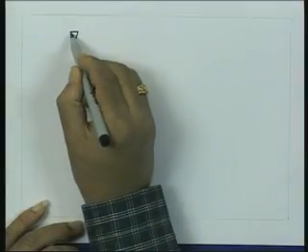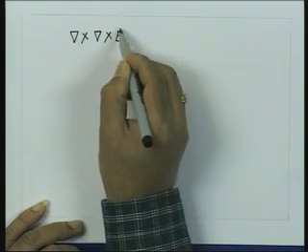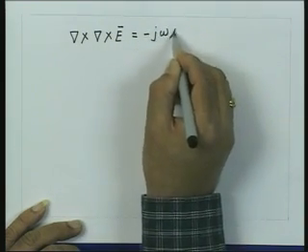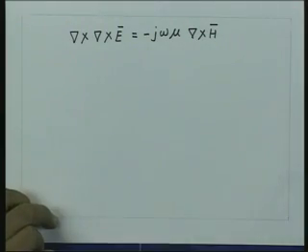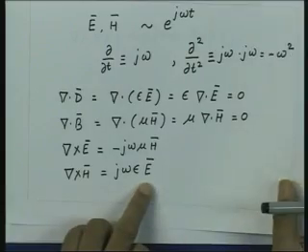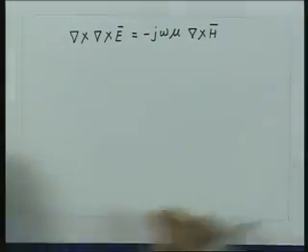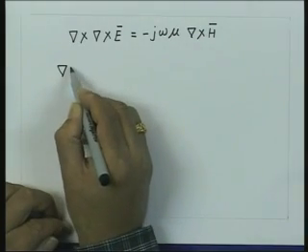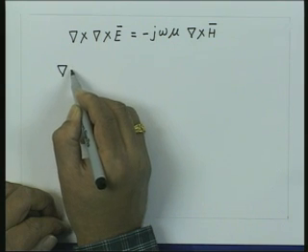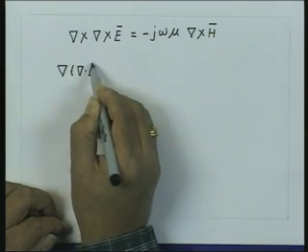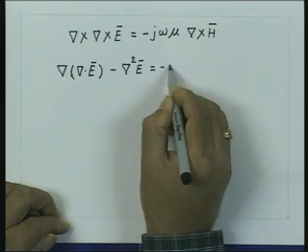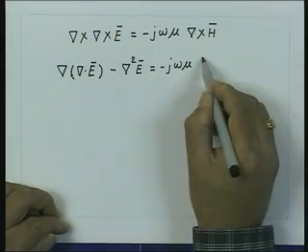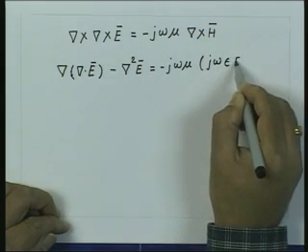Let us say I take the curl of the first equation, which is del cross E. I get del cross E equal to minus j omega mu times del cross H. We can substitute for del cross H from the second equation, and also use the vector identity to expand the triple cross product, which is del of del dot E minus del square E, that is equal to minus j omega mu, and substitute for del cross H, which is j omega epsilon into E.